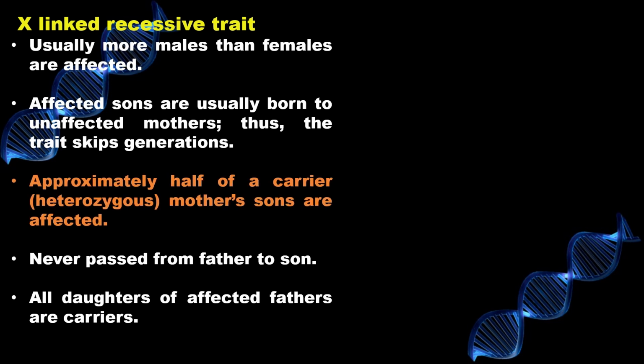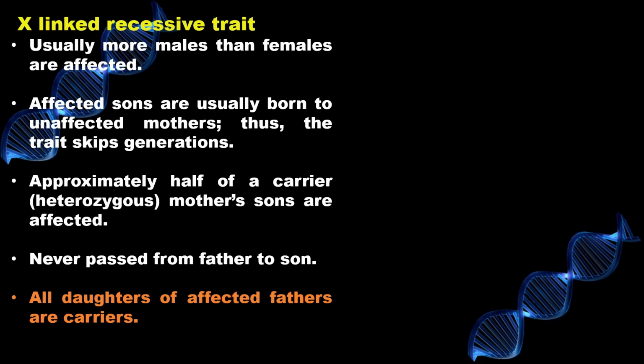Approximately half of a carrier mother's sons are affected. Never passed from father to son, because father gives Y chromosome to son. All daughters of an affected father are carriers.